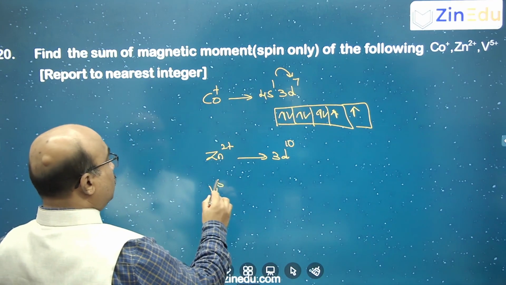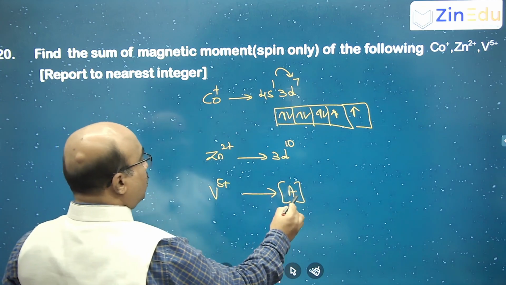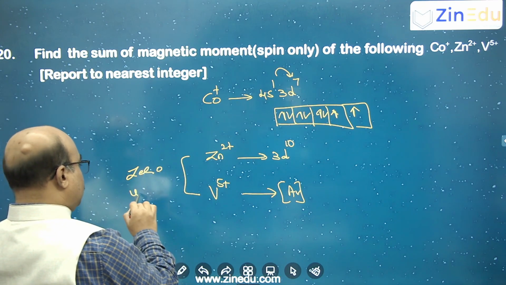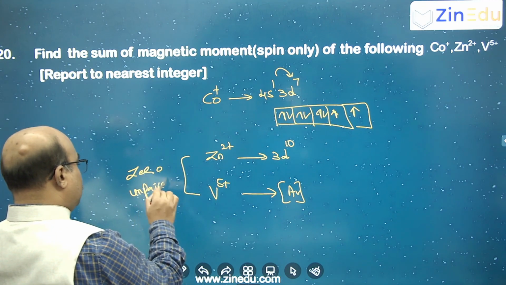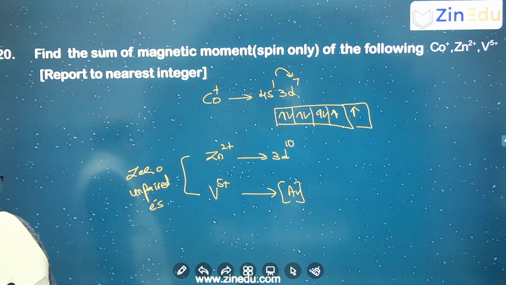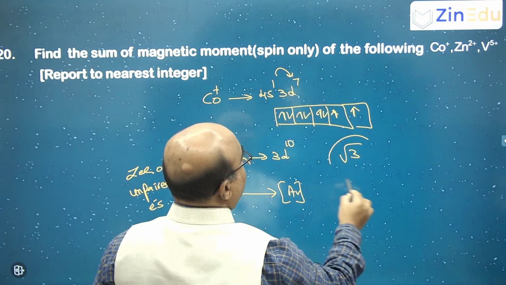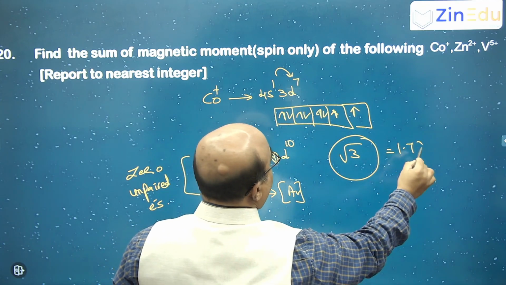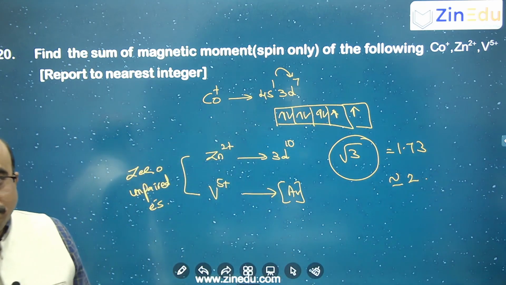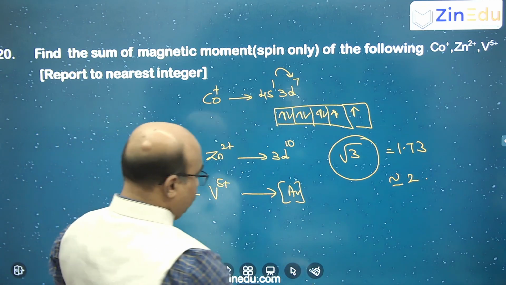Vanadium plus 5 is also having argon configuration. So the number of unpaired electrons in these two is 0. Clear? So it is only 2. So it is root 3, somewhere 1.73, maybe it is rounded to 2, the nearest integer.